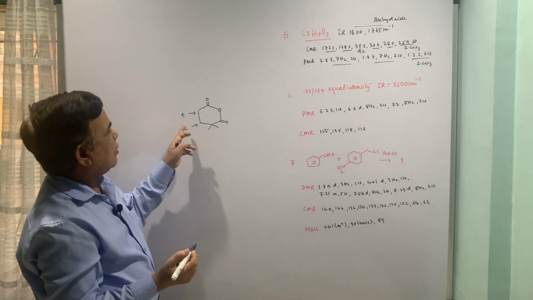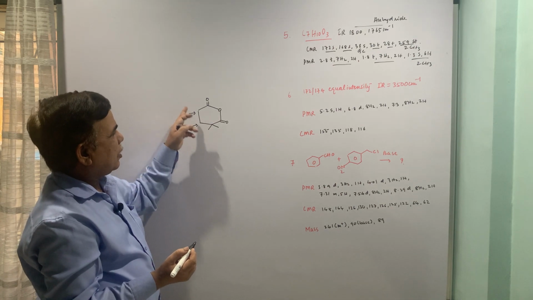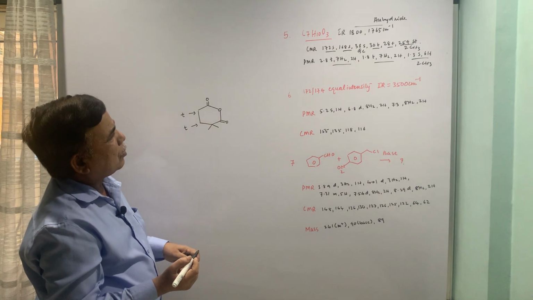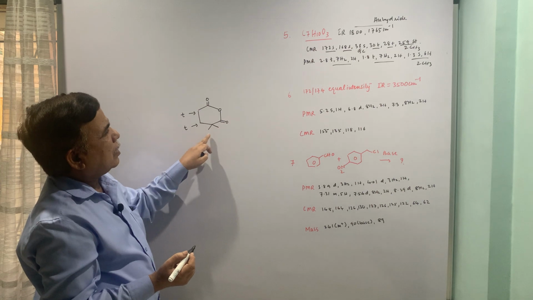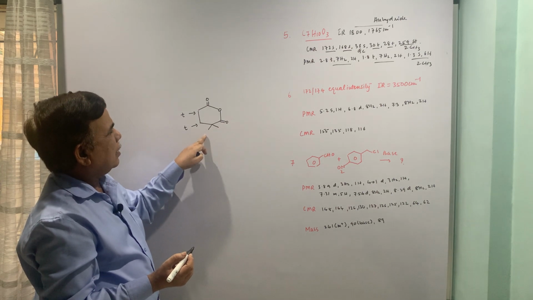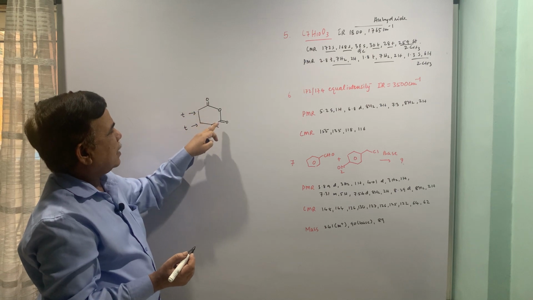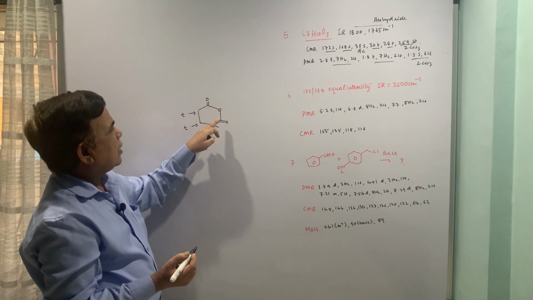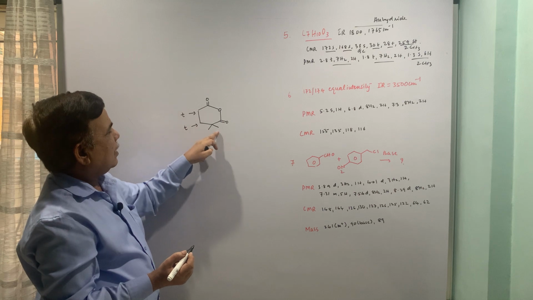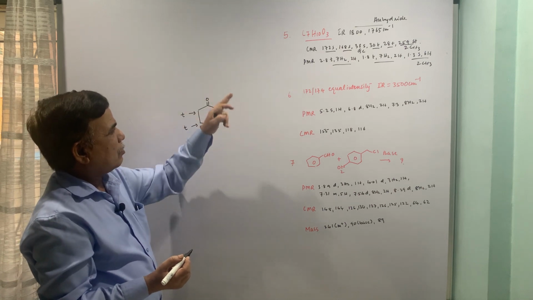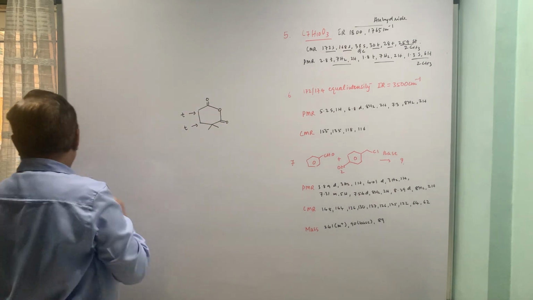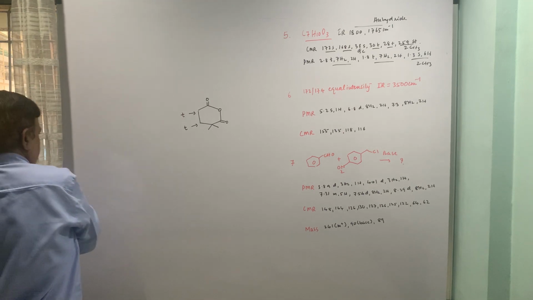CMR also will give a triplet, PMR will also give a triplet because they are mutually coupled protons. 25 quartet, the methyl is this. So, 1, 2, 3, 4, 5, 6, 7 carbons, 10 hydrogens, 3 oxygens. So, that is the overall structure of the molecule.